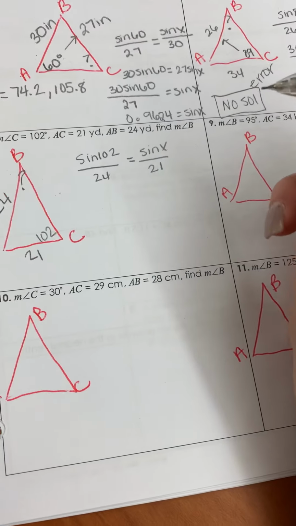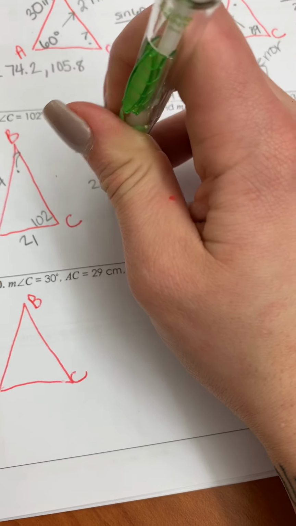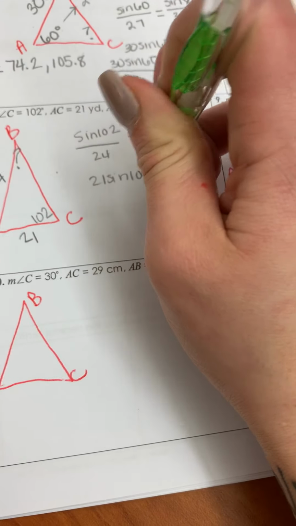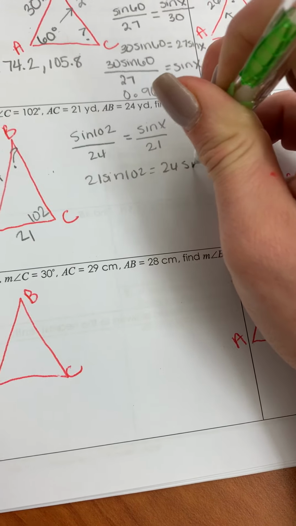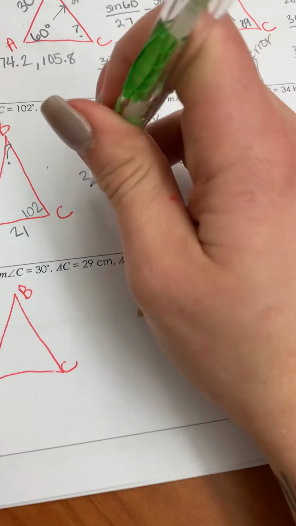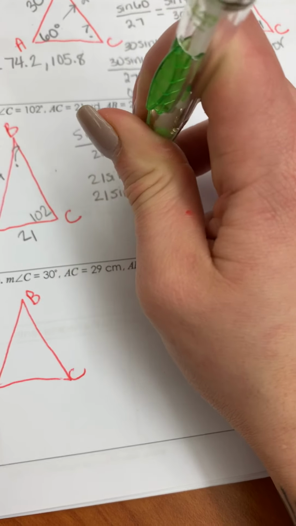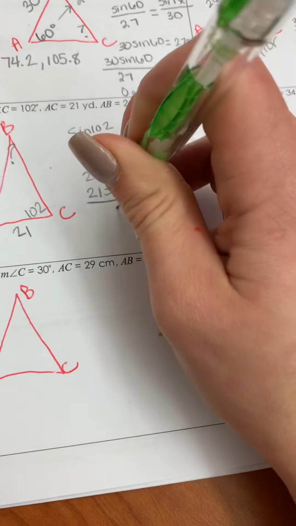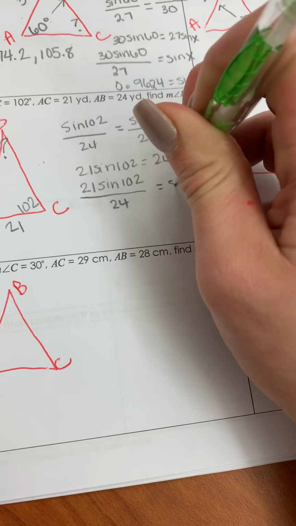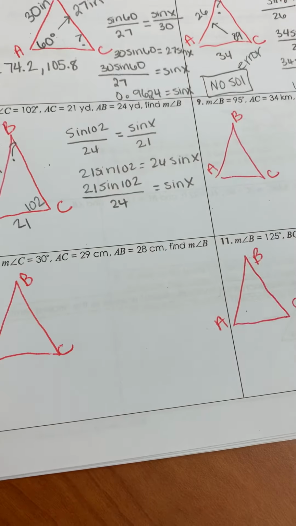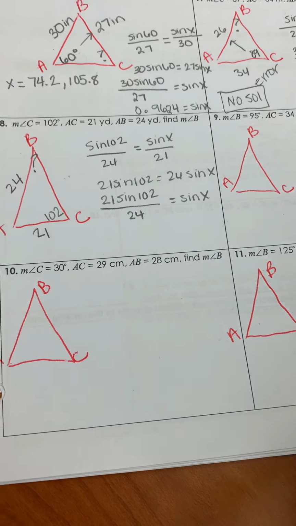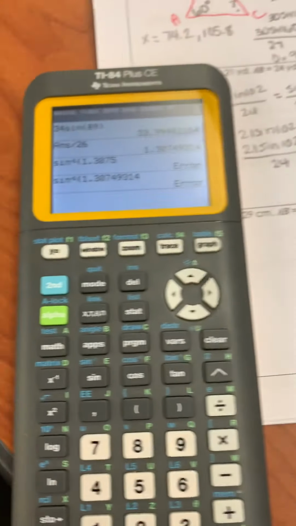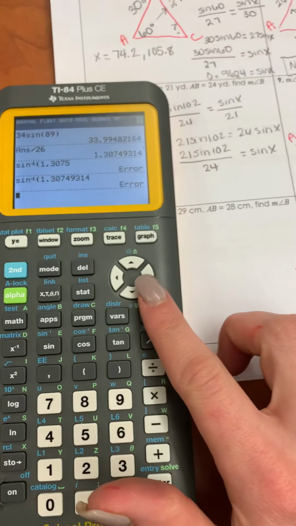Sorry, cross multiply, and I'm solving. Put that in my calculator.